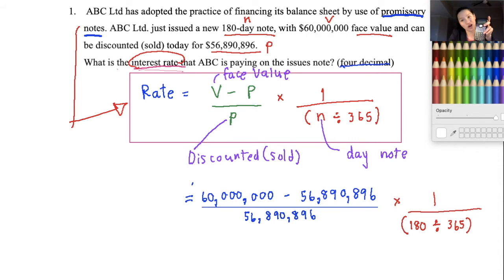Okay, how about we try to do this one together and see if we can get it or not. Let's see this one step by step. They said V equals 60 million, so I'm going to put 60 million here.